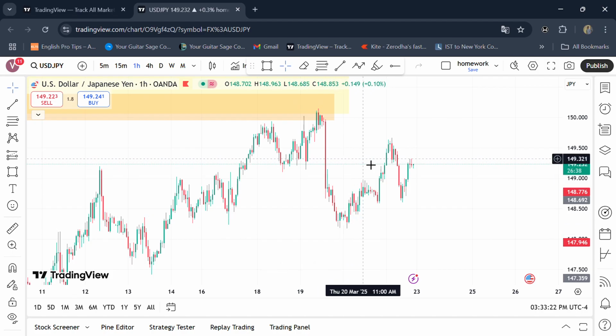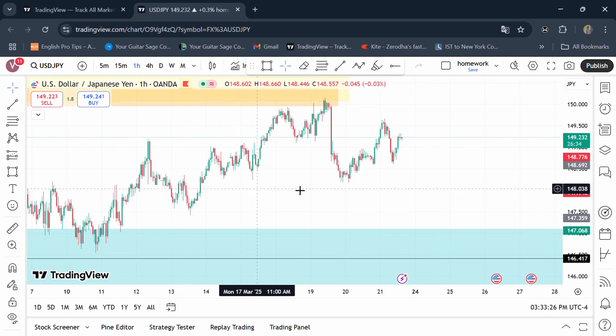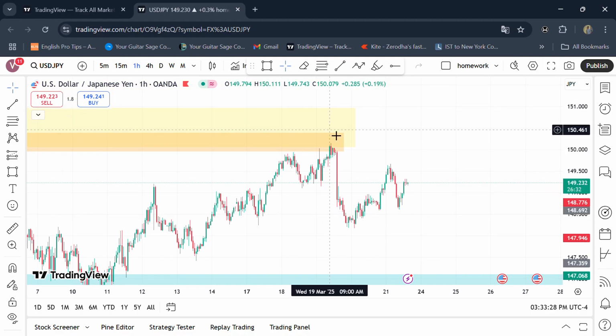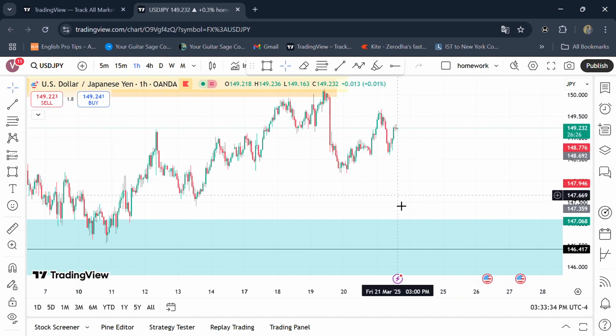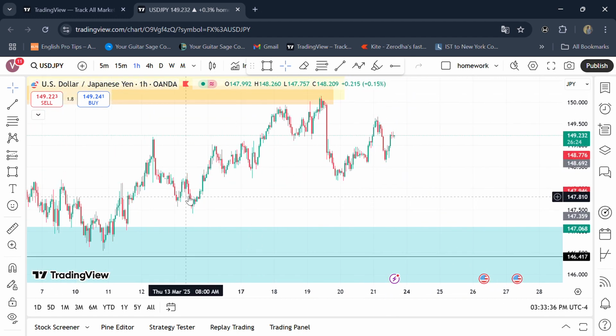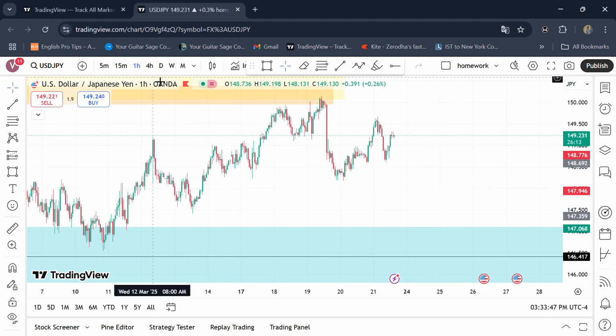This was because of the news. Then, if it is going down here and if we are assuming that it is going to continue its uptrend, then there has to be some levels below this that it can take support from and then continue its uptrend. So let's try to find those support levels.